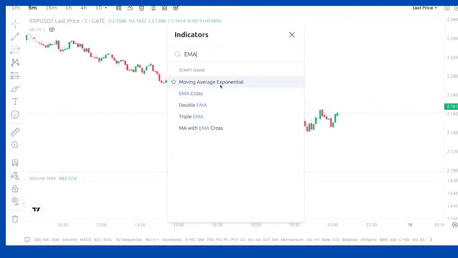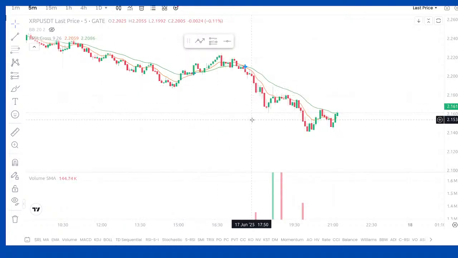You can also just choose EMA, but when I choose cross, it will come in double. I have selected EMA cross, and you can see right up here it is showing EMA cross 9 26.